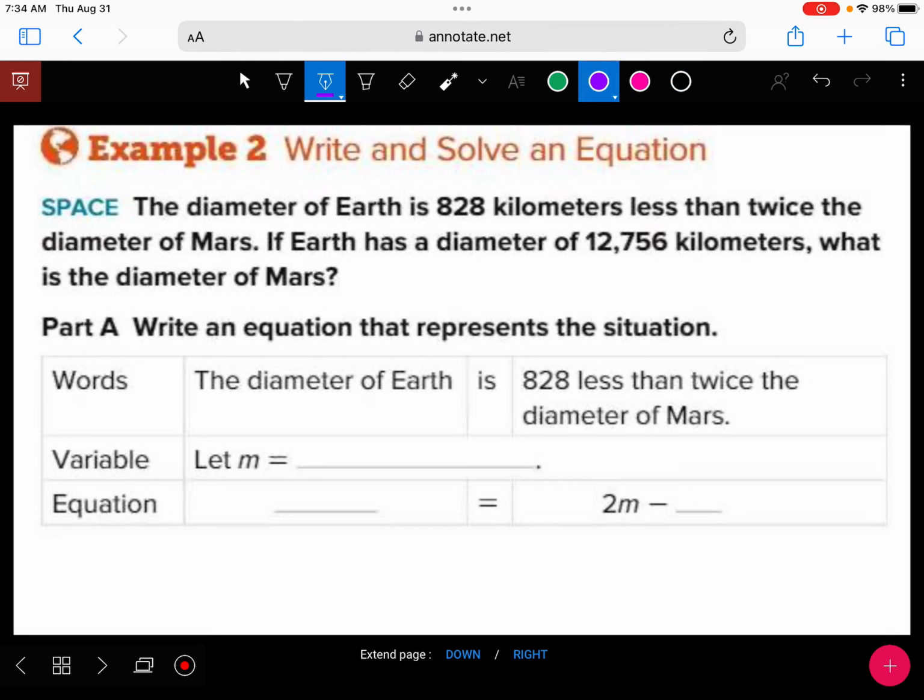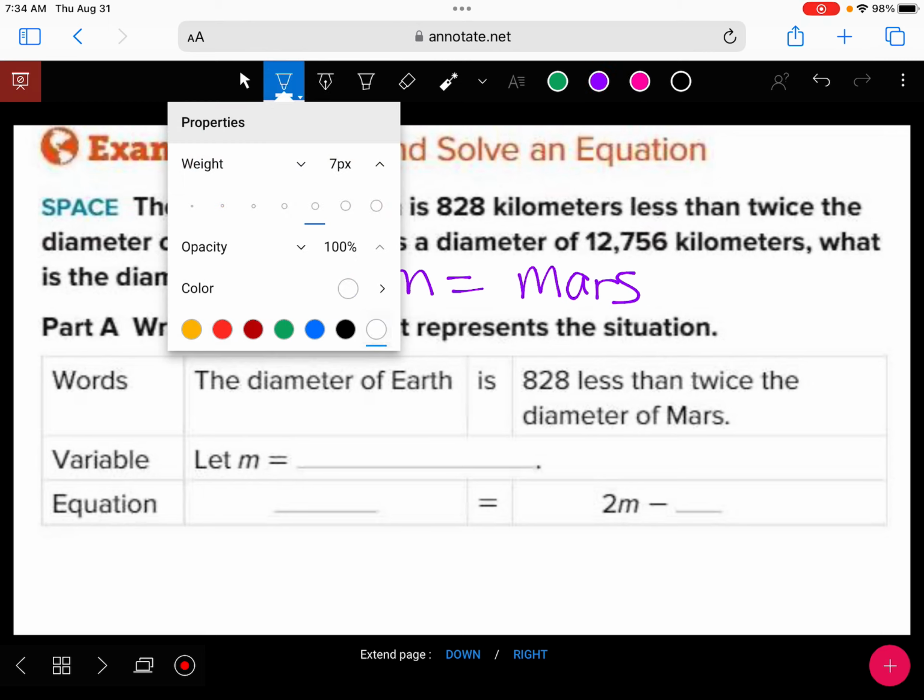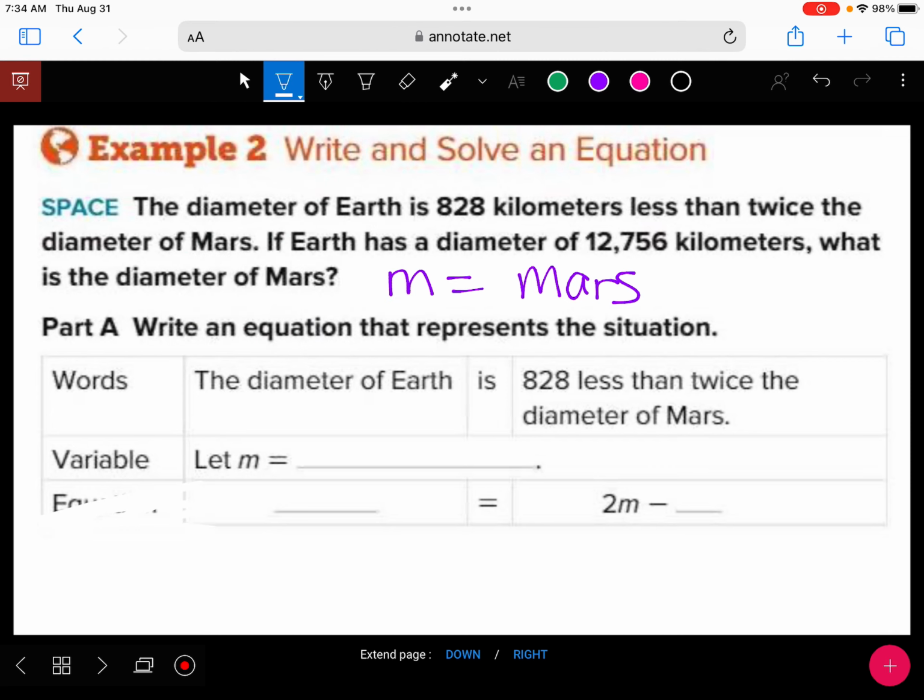Mars. So I'm going to use M equals Mars. And this is a table that's in your book. You don't have to write this table out. It's just kind of dividing the sentence into chunks. Because what we're trying to do is figure out what our equation is so that we can solve it.